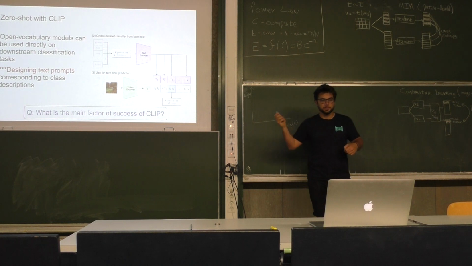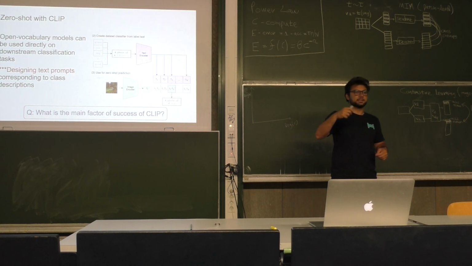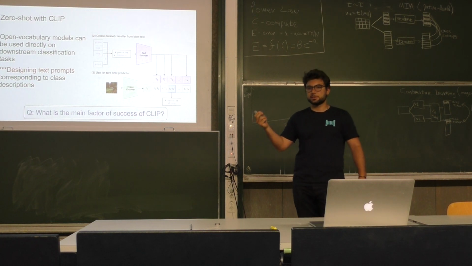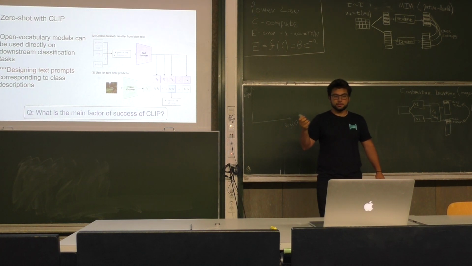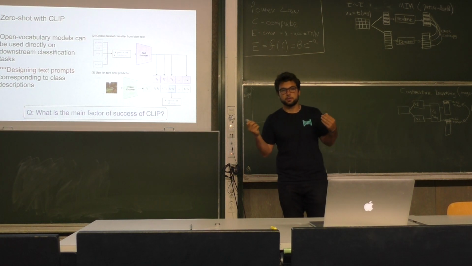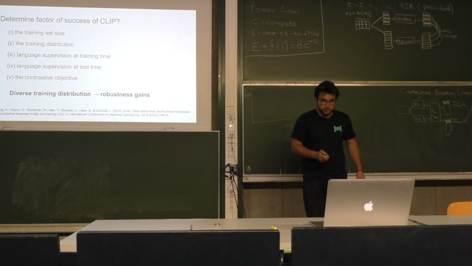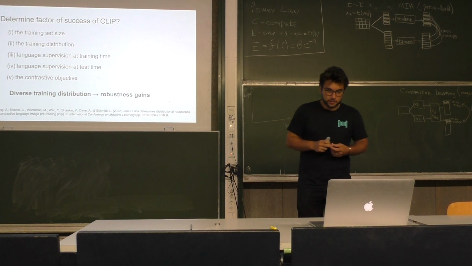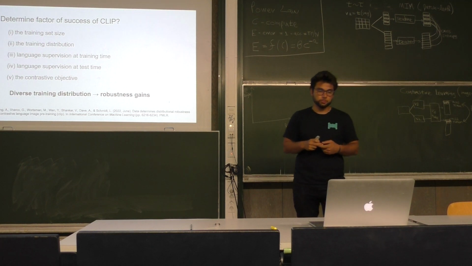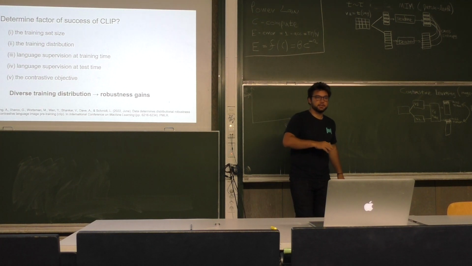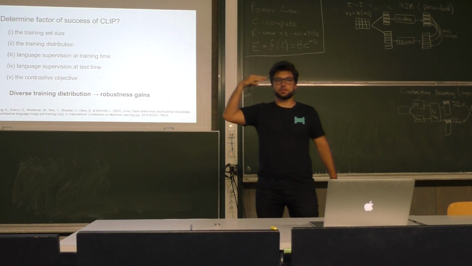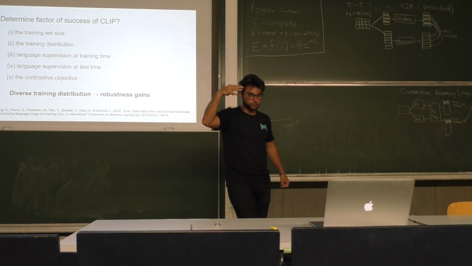We saw that this model is very good at classifying sketches, and now we are trying to investigate why these representations enable this, what is the main factor where this originates from. There is a follow-up work from another group in 2022 where they try to analyze all the different possible factors of success of those models.